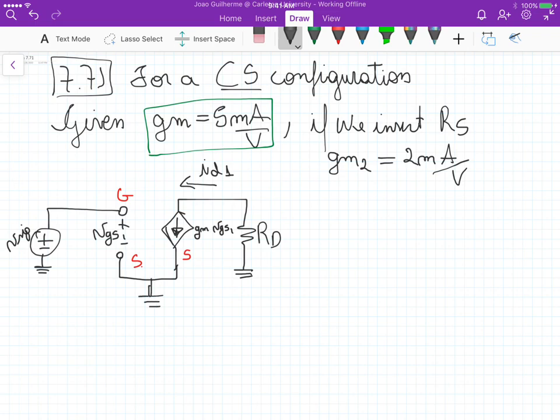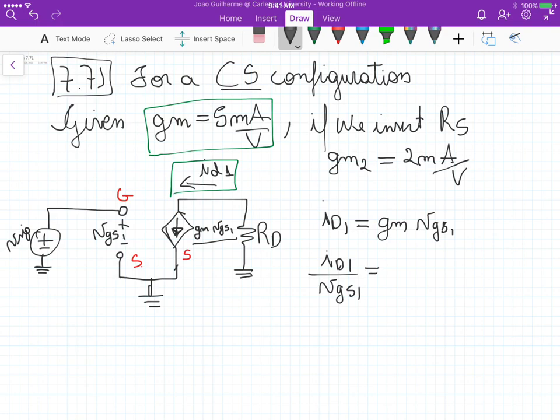Now we know that this ID1 is equal to gm times VGS1, right? That's this current here. So if we isolate ID1 divided by VGS1, that's actually our transconductance.